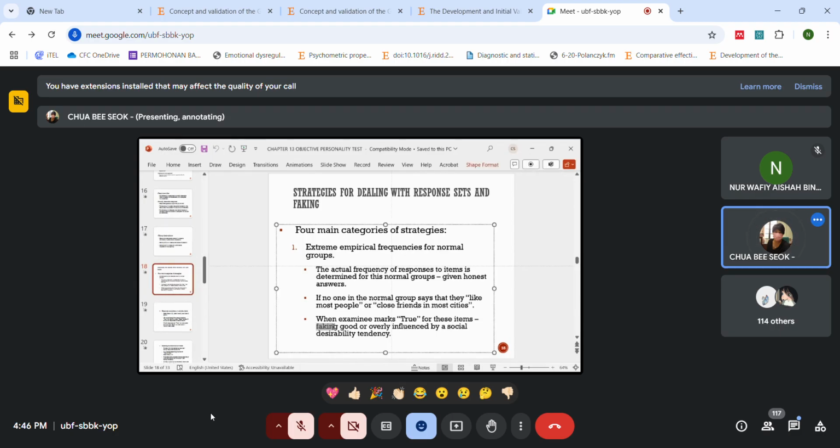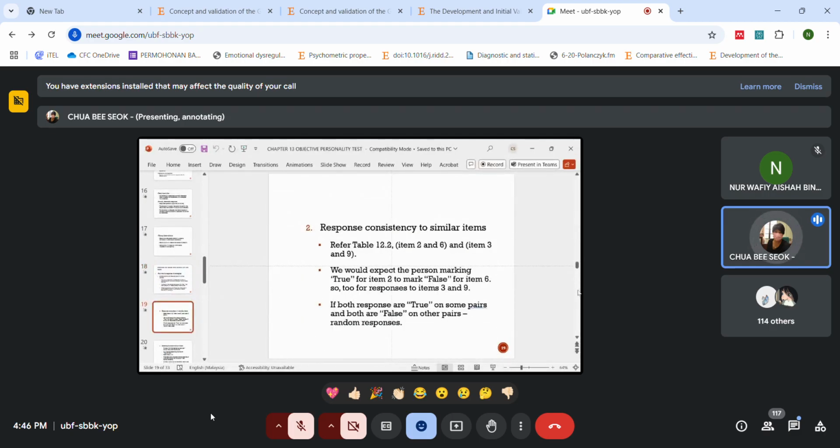From there you can detect these two problems: one is faking good response, or the other may be social desirability response or tendency.